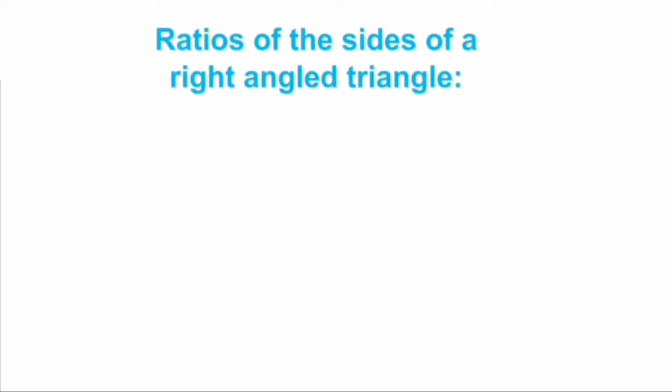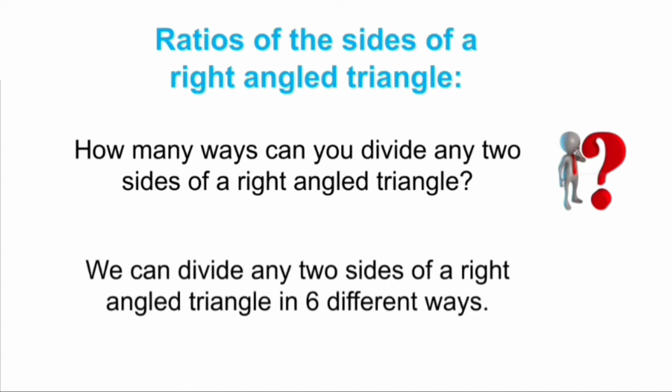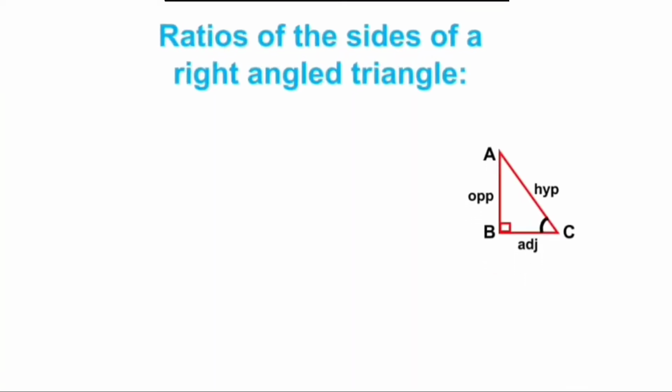Next, ratios of the sides of a right angle triangle. Children, how many ways can you divide any two sides of a right angle triangle? Yes, we can divide any two sides of a right angle triangle in 6 different ways. Children, now let us see the 6 different ways.